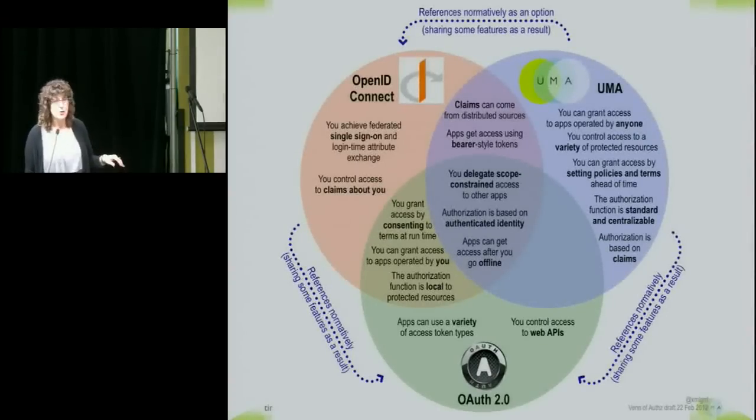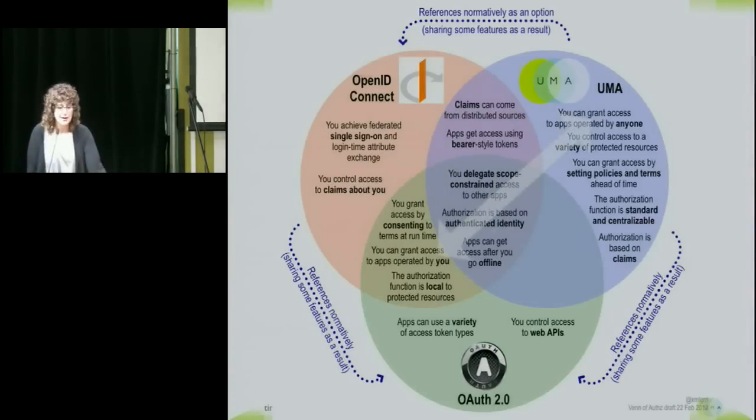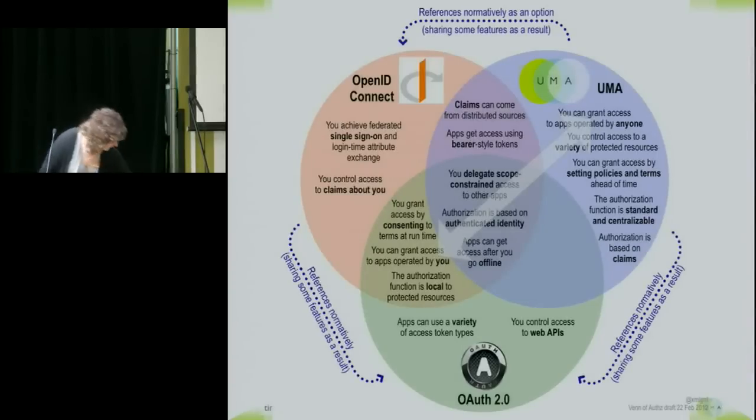If you're not very familiar with OpenID Connect, what it adds to OAuth is a single sign-on and identity and attribute sharing API that's meant to have a login session semantic on top of OAuth. The rest of these comparisons are with UMA and OAuth. I've been saying Alice to Alice sharing is OAuth's wheelhouse and OpenID Connect's wheelhouse, and UMA goes Alice to Bob, Alice to Star, if you will.